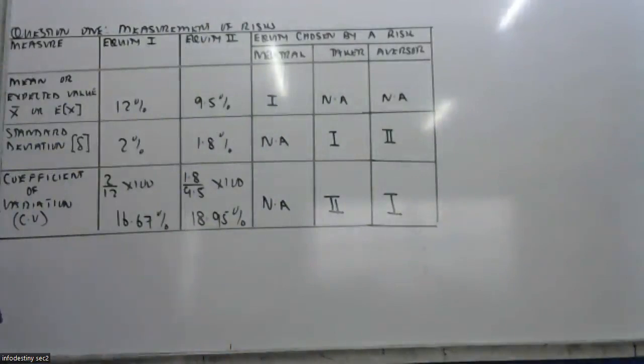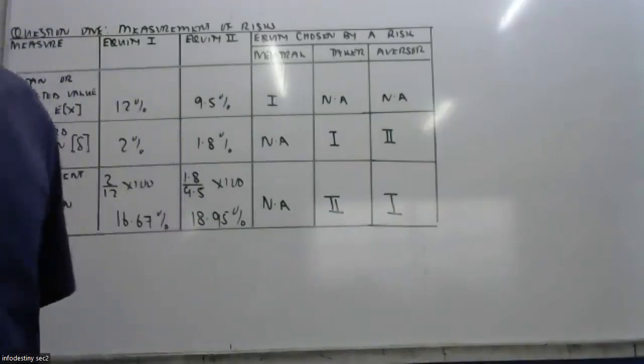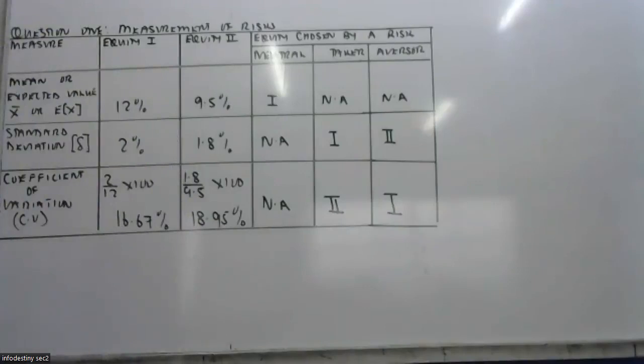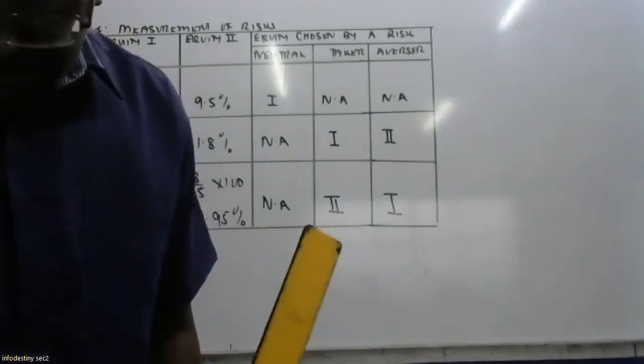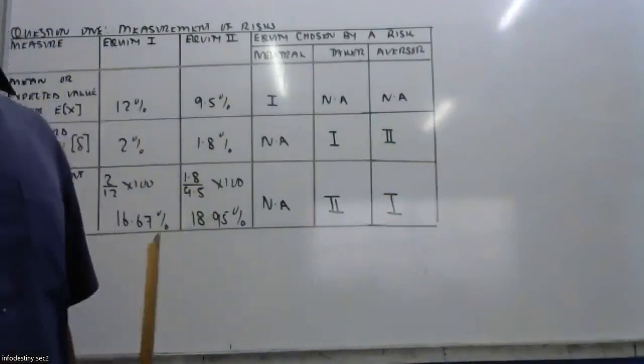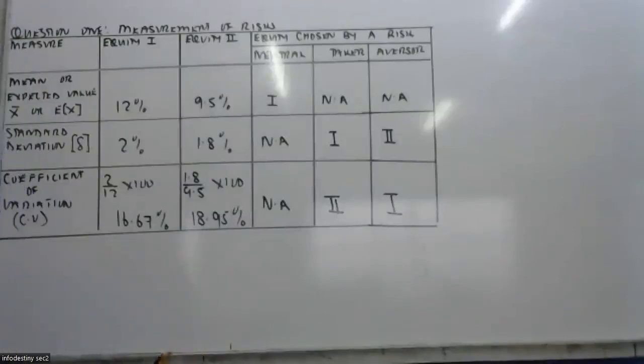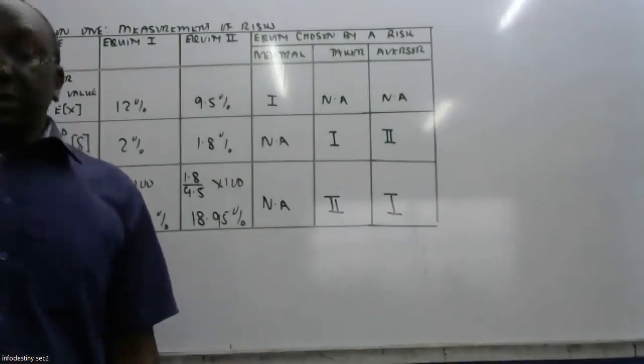On the basis of minimizing risk, the investor should prefer equity 1, as guided by coefficient of variation. And that's how you respond.